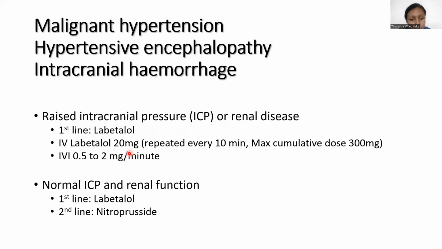IV labetalol, 20 milligrams, given as a bolus, repeated every 10 minutes, with a maximum cumulative dose of 300 milligrams. There is actually no point in giving IV labetalol 5 milligrams, which is next to a nothing dose. If you do have to escalate, you can escalate it into an IV infusion.